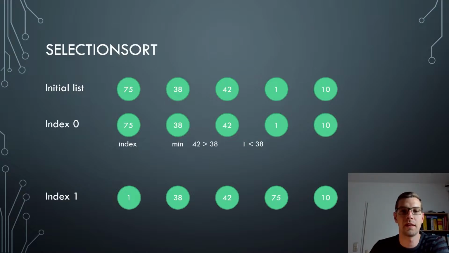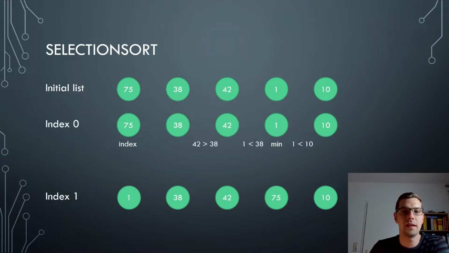The next step is comparing 42 and 1. And 1 is smaller than 38, so we have to set our minimum to 1. In the last step for this run, we compare the 1 with the 10, and 1 is smaller, so we don't have to set the minimum somewhere else.